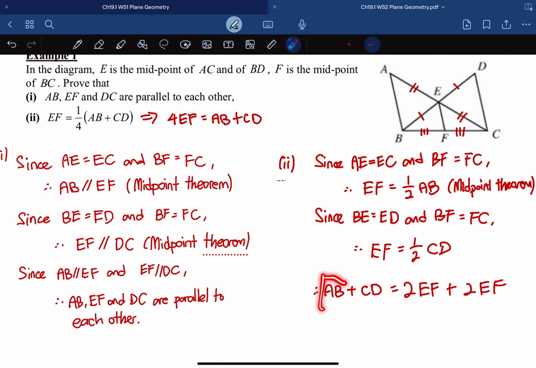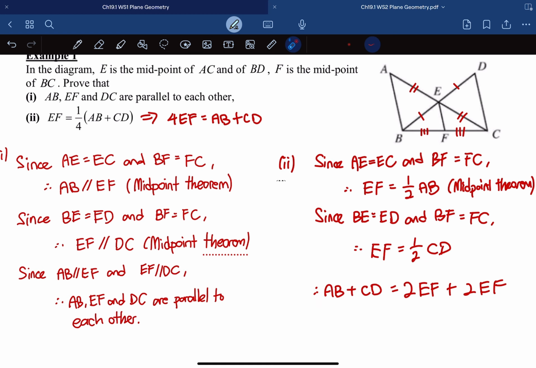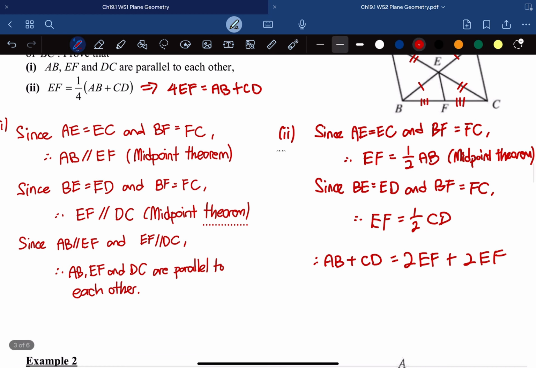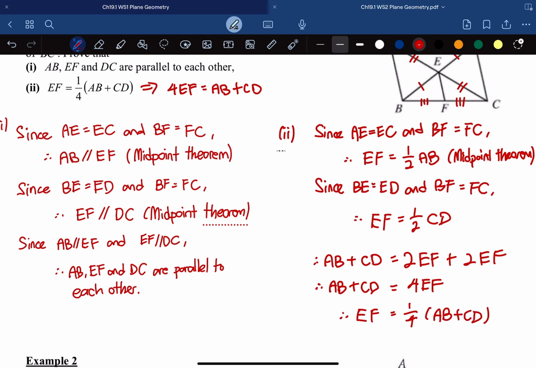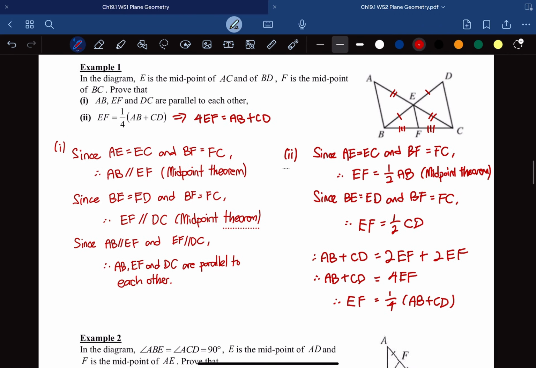Okay, so AB here is 2EF. CD here is also 2EF based on these two equations here. Okay, therefore, I can now conclude that, therefore, AB plus CD is equal to 4EF. Therefore, EF is simply 1/4 times AB plus CD. Okay, and this is for example 1 part 2. And therefore we put a shown or proven.